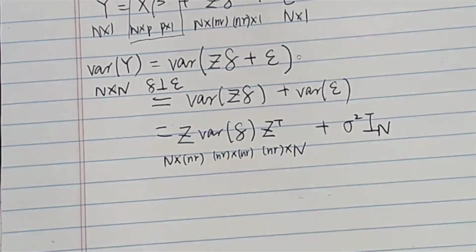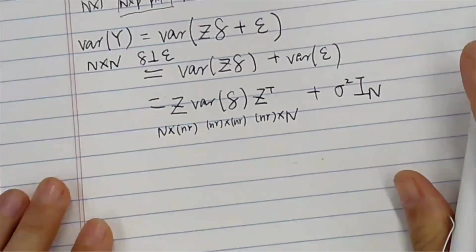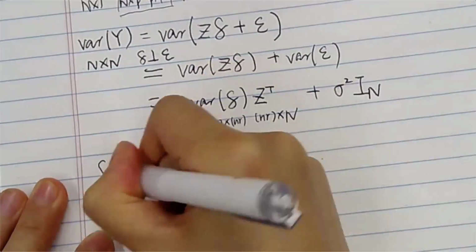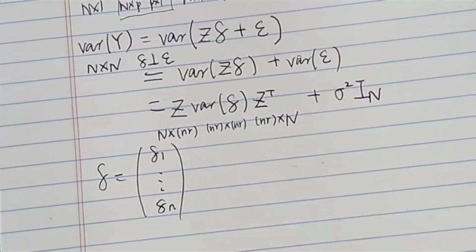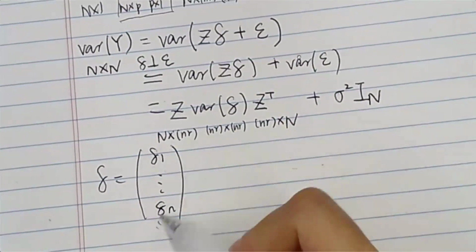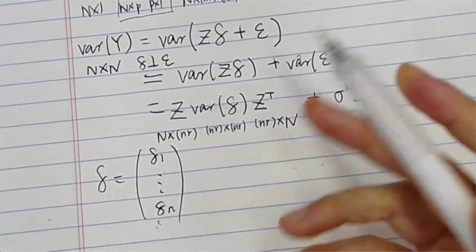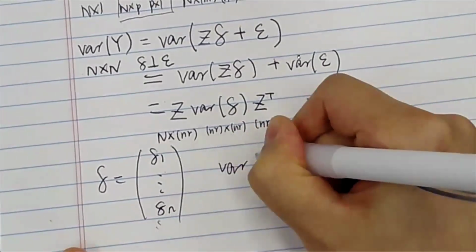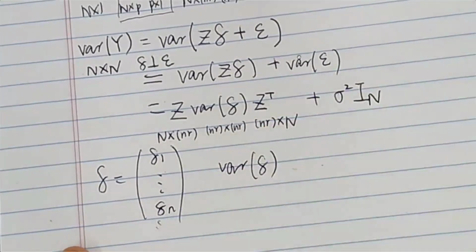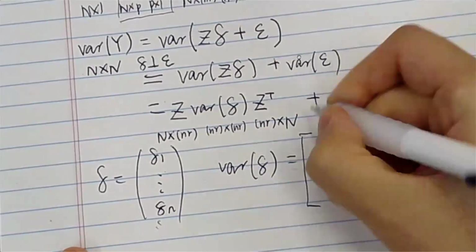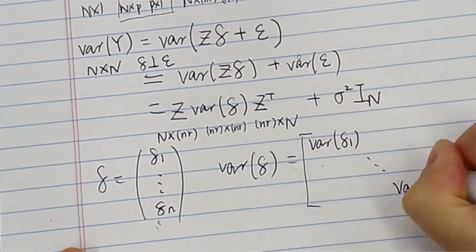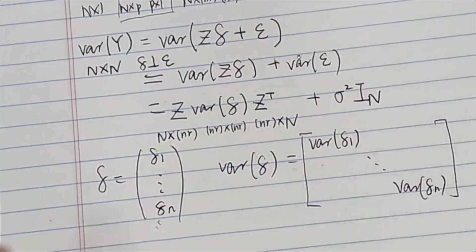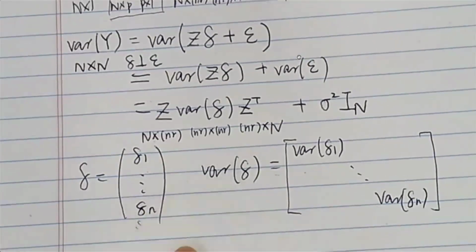Remember for the delta, what is the covariance matrix of that? Remember how we stack things. Delta is delta 1 to delta n, and they are independent of each other. So the variance covariance matrix of delta 1 to delta n is a block diagonal matrix because they're independent of each other.